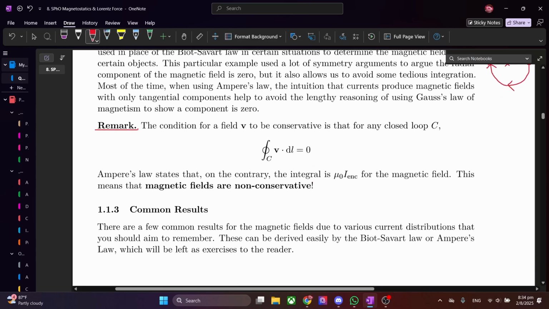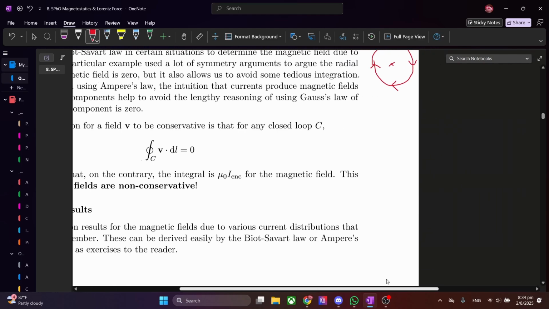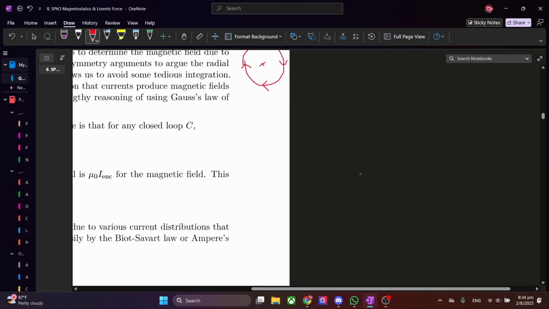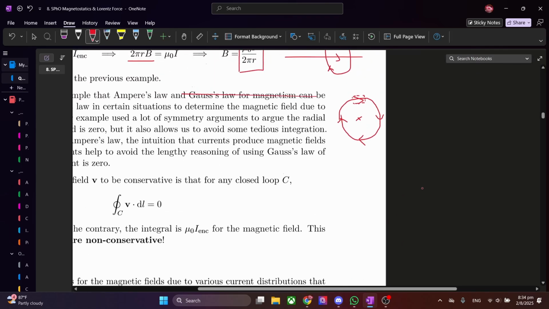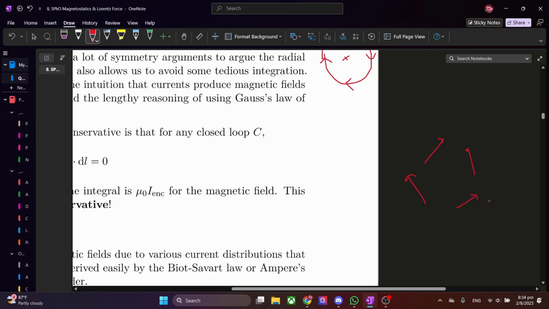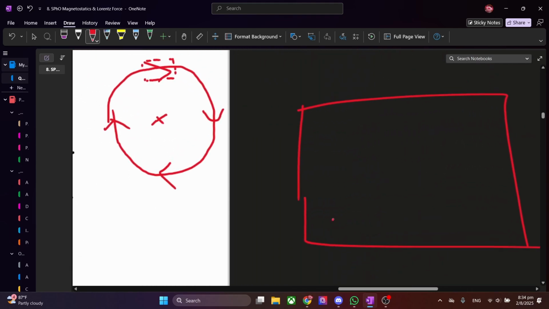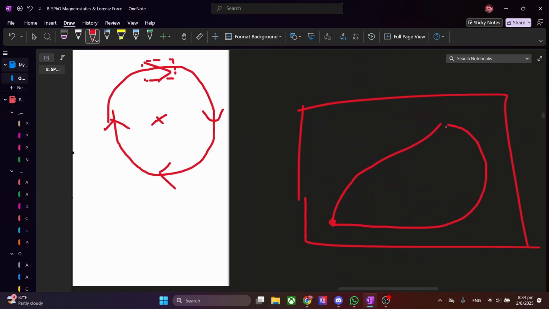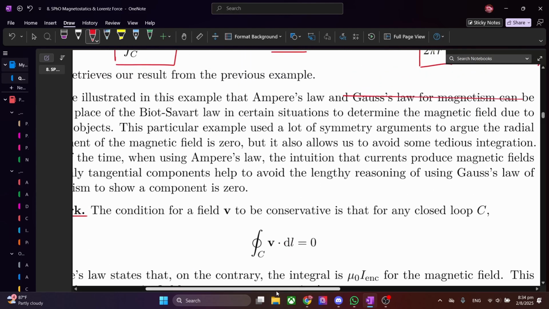Just one thing to bring up, which is the concept of conservative fields. I don't really know how to explain it, but it basically means that if you have some vector field in some space, and you take a closed loop, and you calculate this integral, your v dot dl, this integral is equal to 0. This is the condition of being conservative.